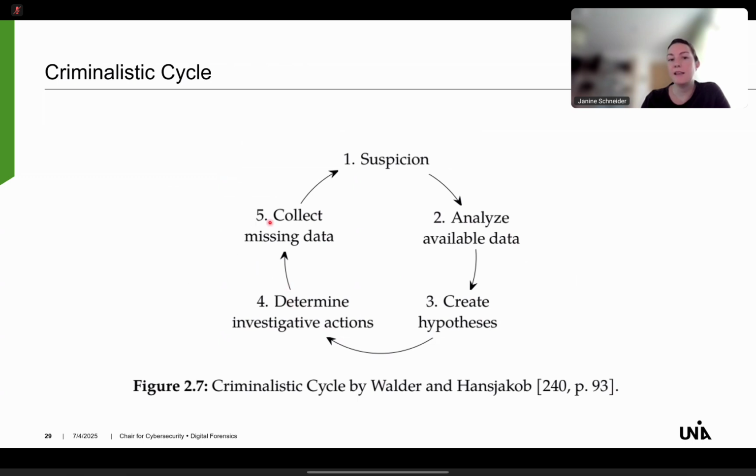And in case there is data missing, then additional data has to be collected. And from the new data that is collected, we might get a new suspicion. So this is why it is a cycle. Then we analyze the available data again, create new hypotheses, and so on and so on. So this is the general model for the investigative work.